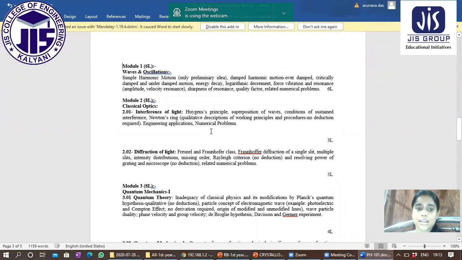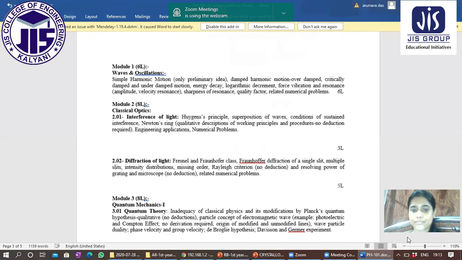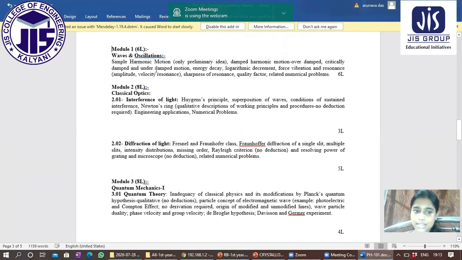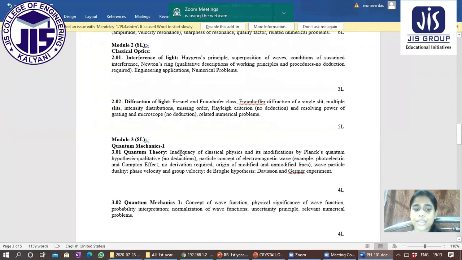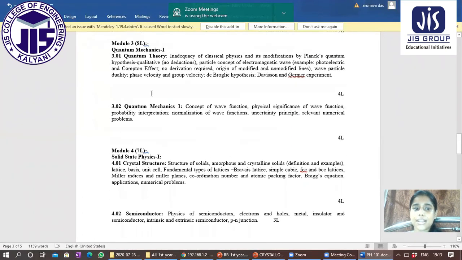First, this is module 1. In module 1, there are waves and oscillation. In module 2, there is classical optics, where we have to discuss interference of light and diffraction of light. In module 3, there is quantum mechanics 1, where we'll discuss quantum theory and quantum mechanics.